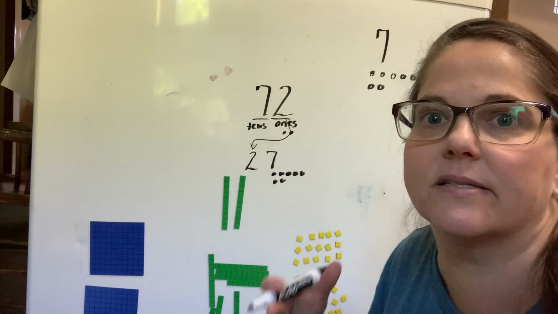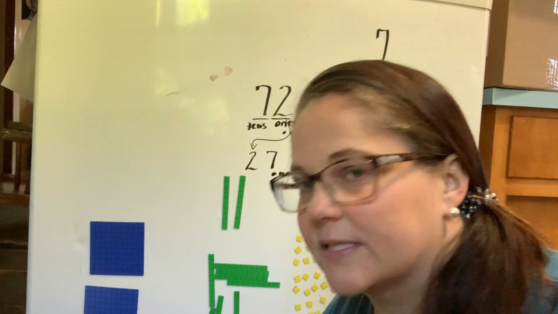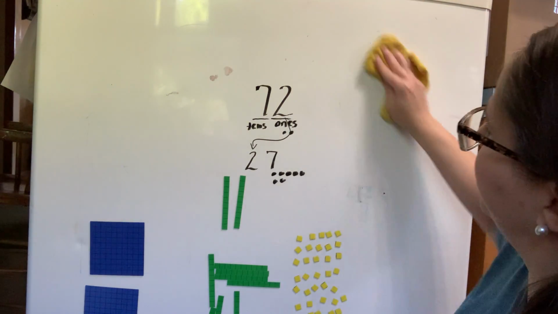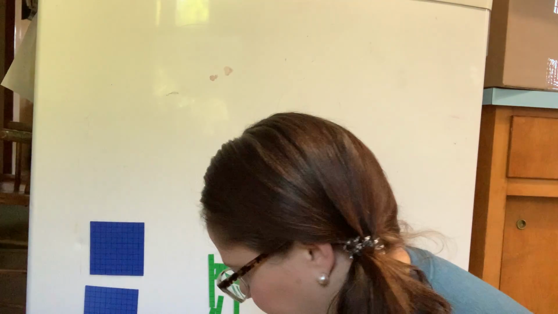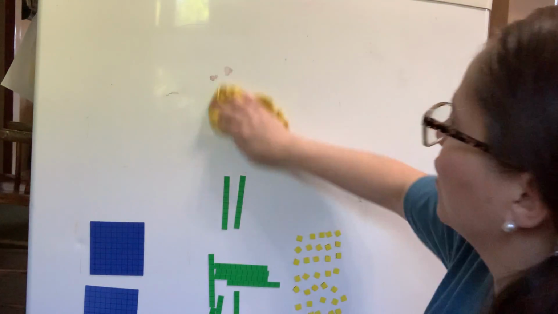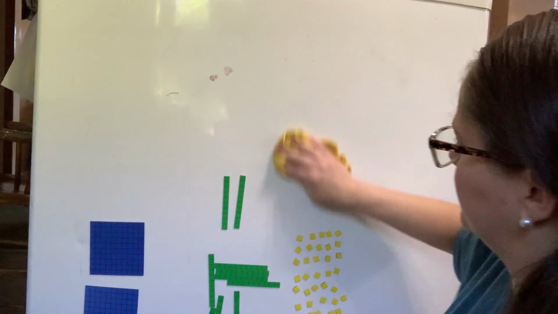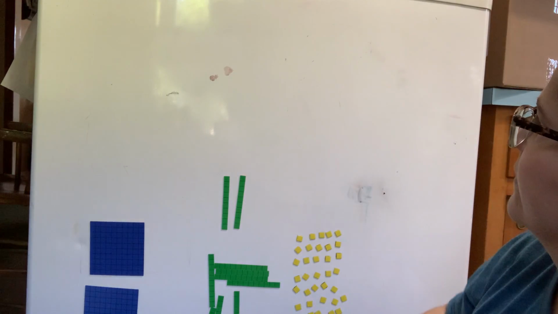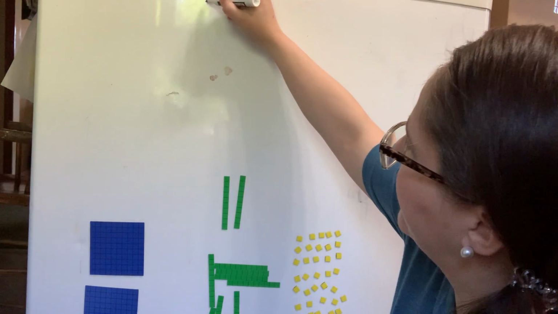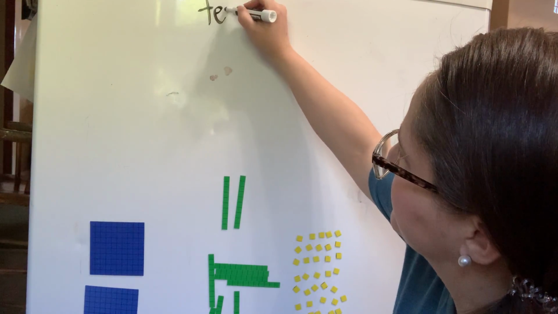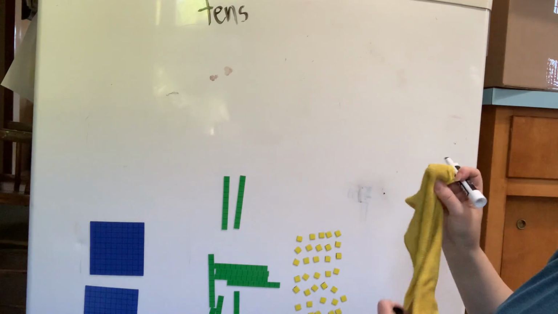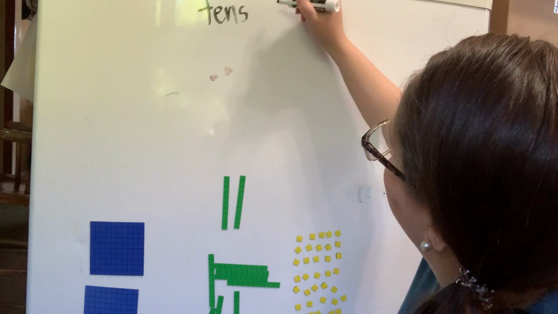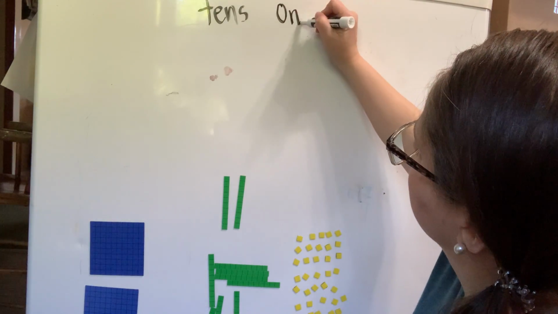So let's just build some numbers. And you know what else I'm going to tell you? And I'm going to show this to you actually, before we build numbers. In the ones place. So I have a tens place. And a ones place.